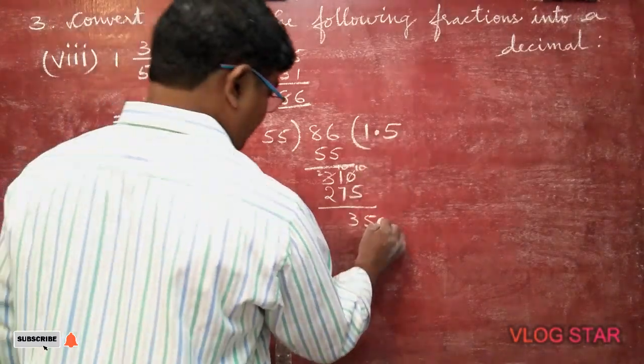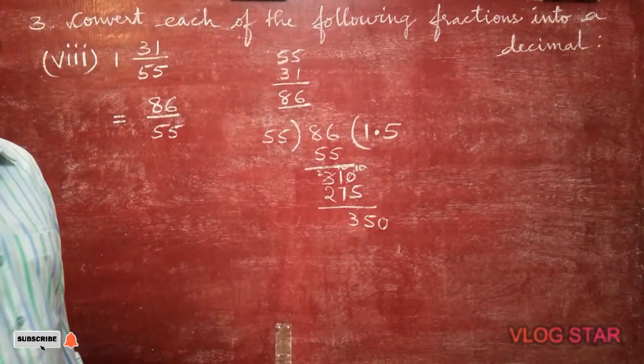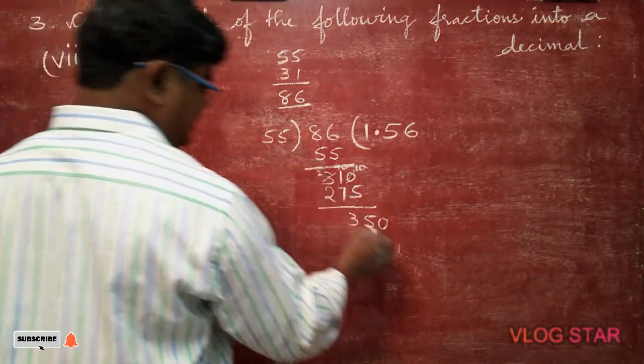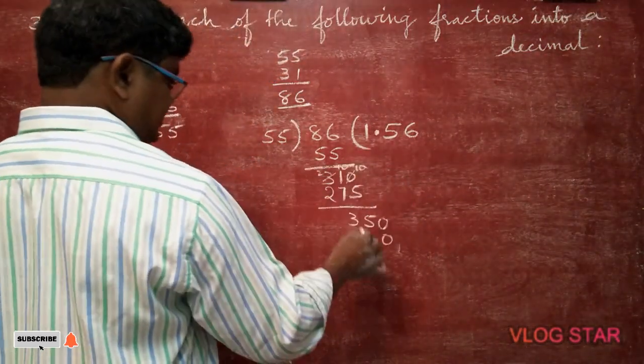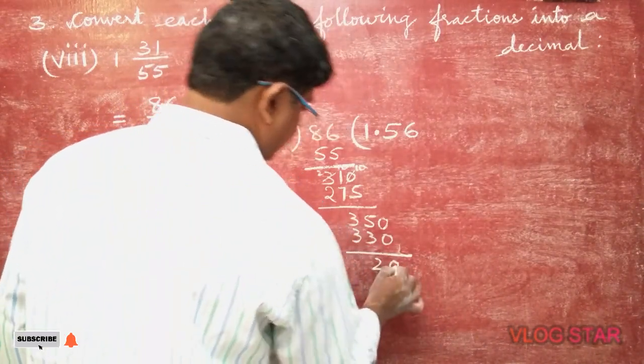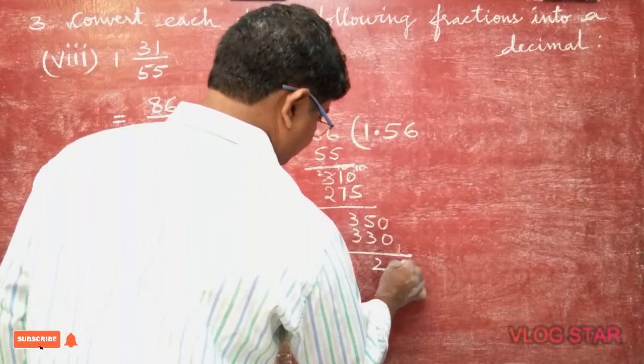Decimal is there, keep one more 0. 55, how many times does it go? 6 times. 6 5s are 30 plus 3, 33. 20 is the remainder. Decimal is there, 0.